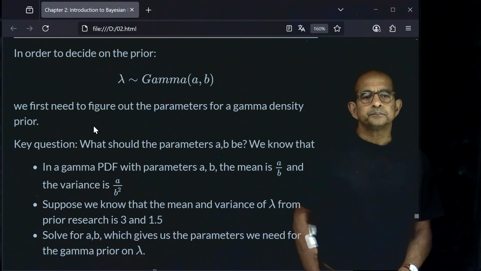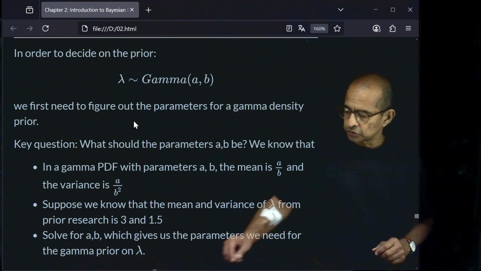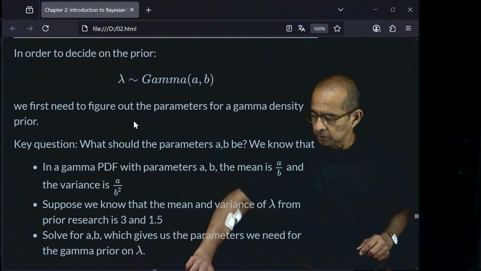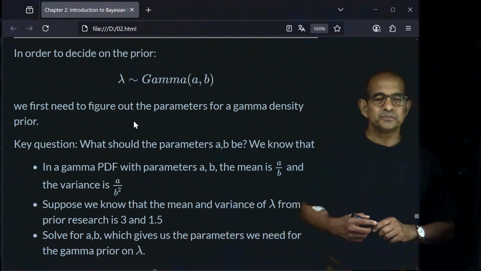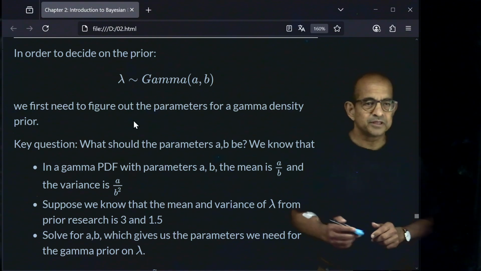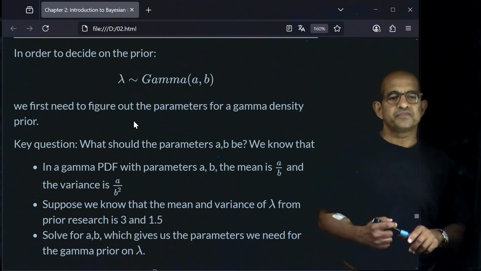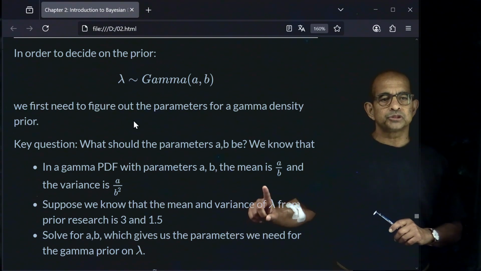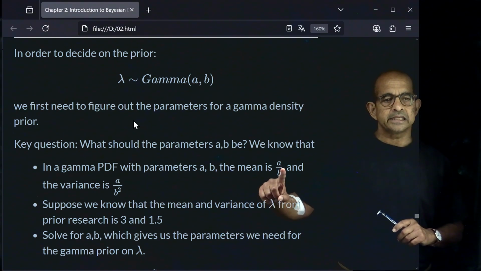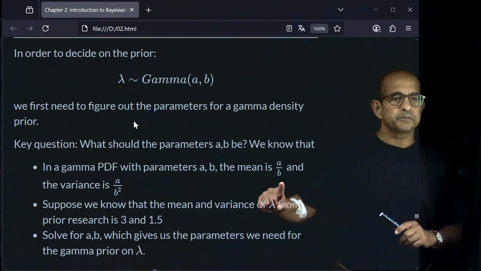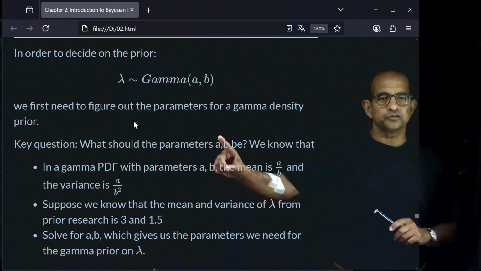Well, we know the mean and variance of the lambda parameter. So what we are going to do is use the fact that the mean of a gamma distribution is defined as a over b. A and b are the hyperparameters that I'm trying to figure out right now.